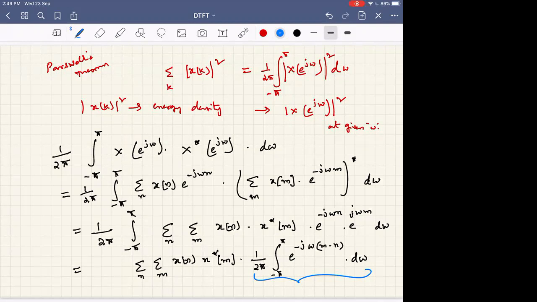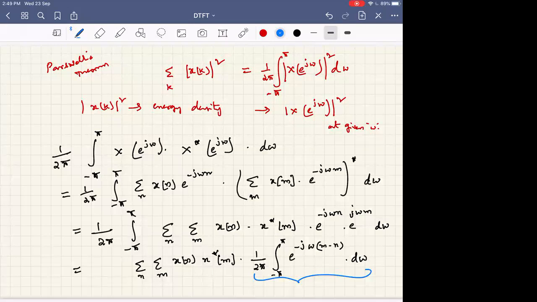1 for m not equal to n, otherwise 0? Is it 0 if m equal to n? No, it is 0 for m not equal to n, and otherwise 1 for m equal to n.